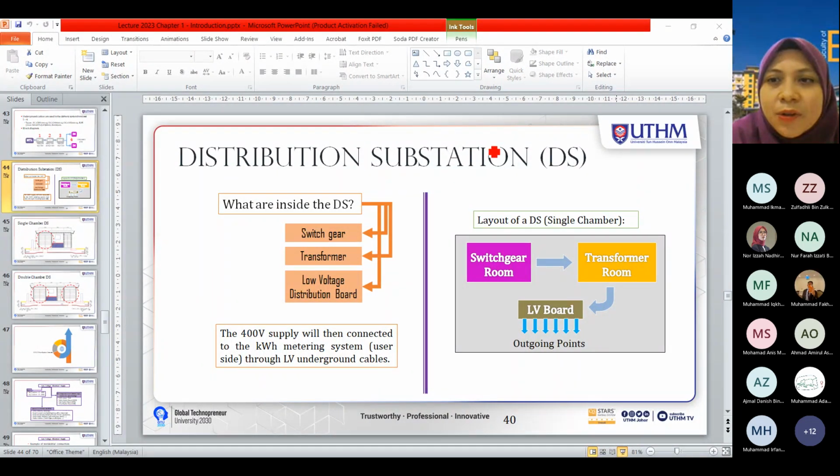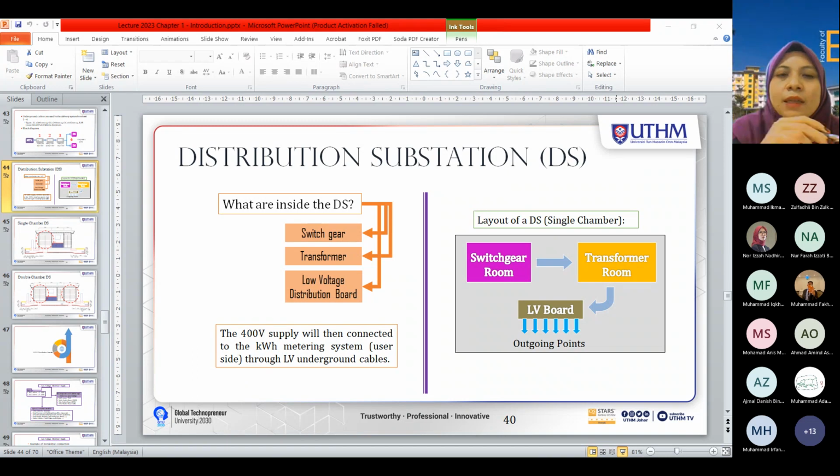Sebab bila we talk about distribution side, kita akan more sentuh pencawang elektrik, more to the end user. End user ni dia akan connect with the pencawang elektrik.